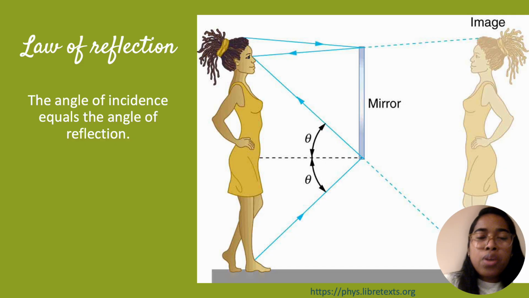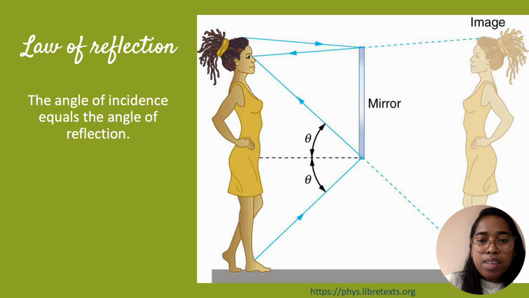Now the law of reflection is such that the angle of incidence equals the angle of reflection. When we see ourselves in a mirror, it appears that our image is behind the mirror. We see the light coming from a direction determined by the law of reflection.